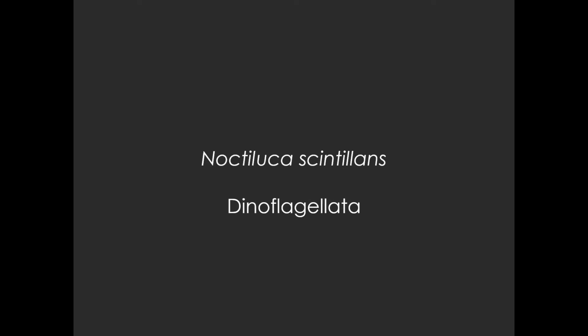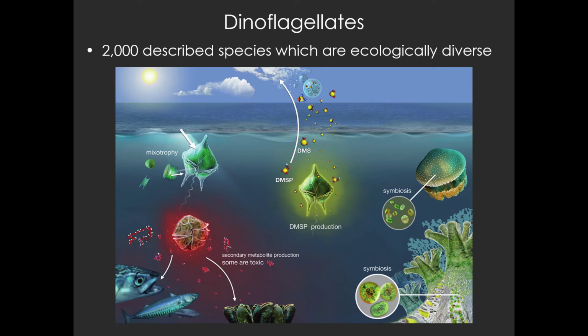All right, on to another of our algal species. This one, though, a member of the Dinoflagellata, Noctiluca scintillans, which as a member of the dinoflagellates is one of over 2,000 described species, which are incredibly diverse ecologically. Some of them are mixotrophs, able to move between autotrophic growth and heterotrophic growth. Some of them are toxic, so they're pathogenic in the aquatic environments where they live.